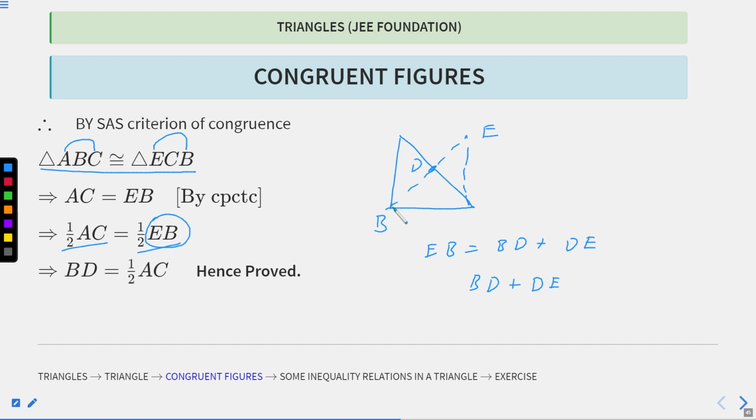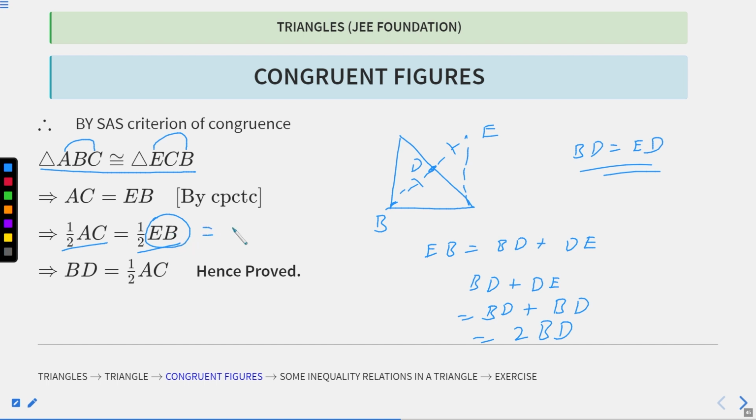I know that BD and DE are equal in length. So I already know that BD is equal to ED. This means I am going to rewrite BD as just BD and DE as BD. So EB is equal to twice BD.